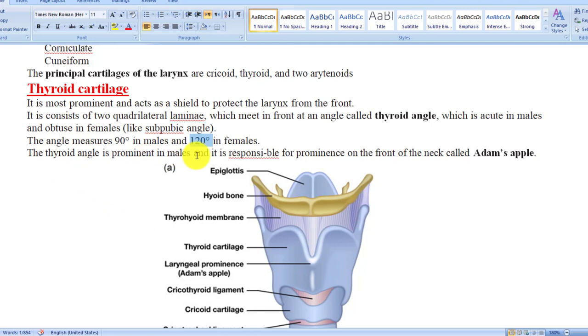The thyroid angle is prominent in males and responsible for the prominence on the front of the neck, called the Adam's apple. As I told you in the beginning, if you touch the neck region anteriorly, at the level of your thyroid gland, you will see a prominent region. That exact region is called the Adam's apple.